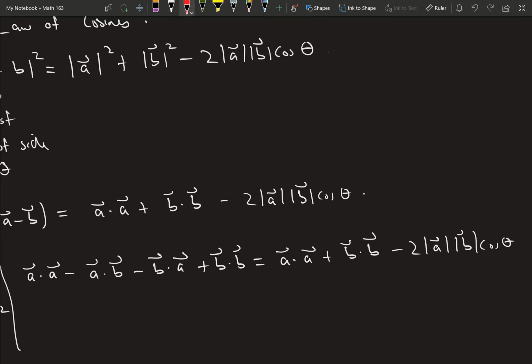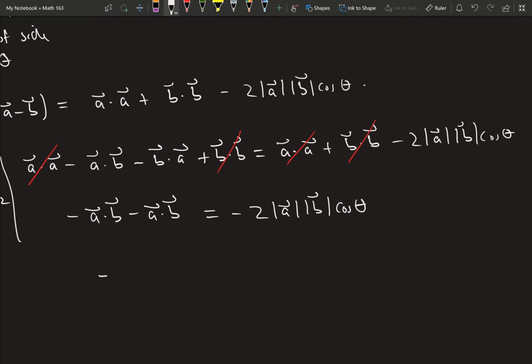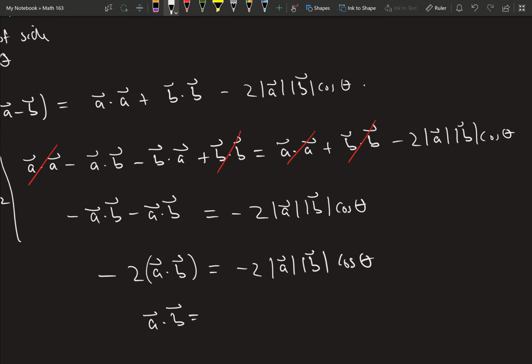Now we can cancel A dot A with A dot A, and B dot B with B dot B, and by commutativity we have minus A dot B minus A dot B. So minus 2 times A dot B is equal to minus 2 length of A, length of B, cosine theta. Dividing by minus 2, we get our result.